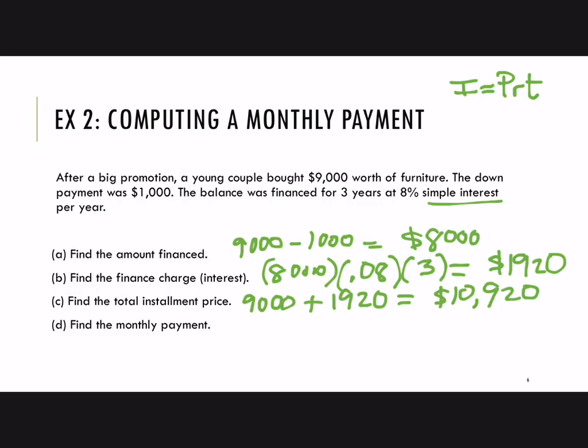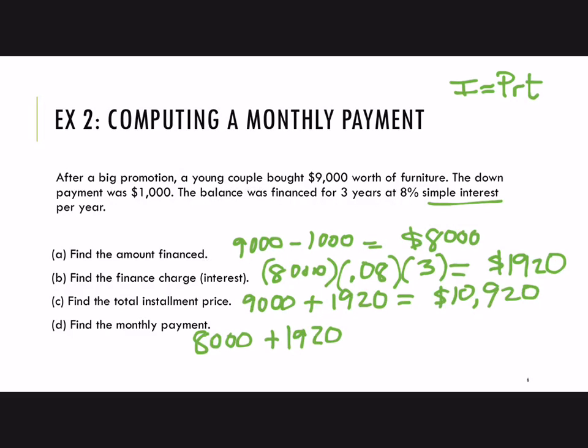And then the last step is to find the monthly payment. So what we need to know is the total amount that they financed, all right, plus all of the interest. Okay, so they owed $8,000 on the furniture, and they also owe $1,920 in interest.